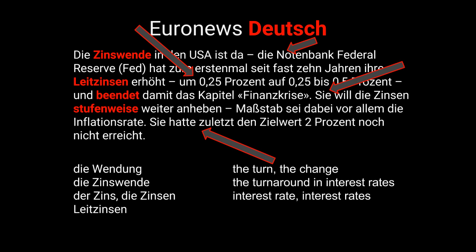So the sie, now it means she, referring to the inflation rate. So Inflationsrate, that's the feminine word. And the next sentence we start with right here. Sie hatte zuletzt den Zielwert 2% noch nicht erreicht. So lately it hasn't reached the mark of 2%.